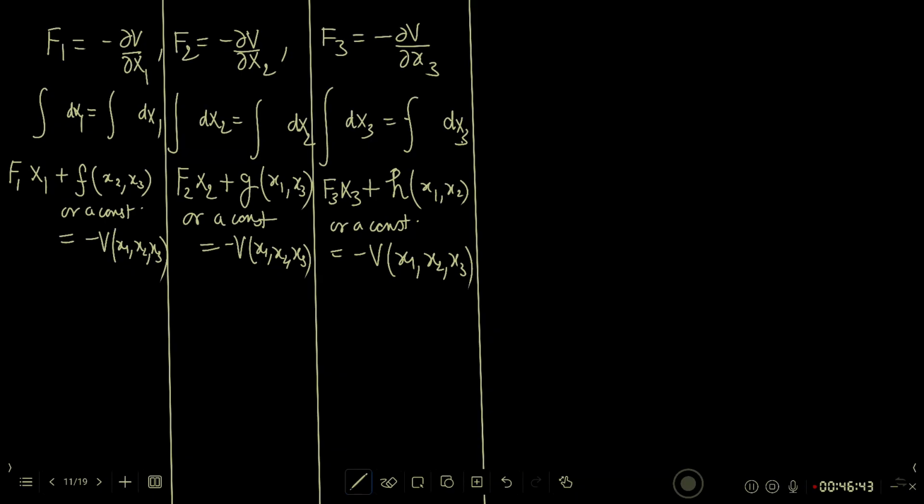Again, compare, look at all of them simultaneously in perspective and come to a resolution. What is the resolution here?